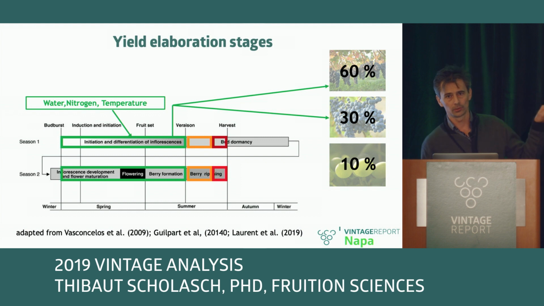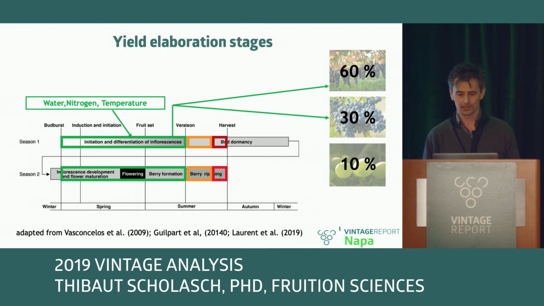You see that during season 1, so for us, season 2018, we have this period of time in green during which inflorescences start to be programmed into the compound bud.